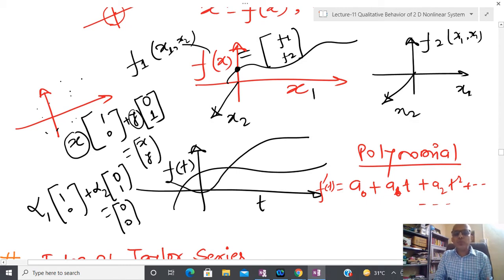If we are able to do two things, spanning the whole space and all the vectors I have selected being linearly independent, then we give it a specific name, that is called a basis vector, and the basis vectors also denote the coordinate system.